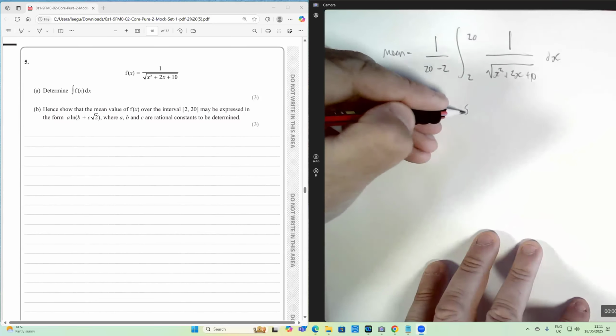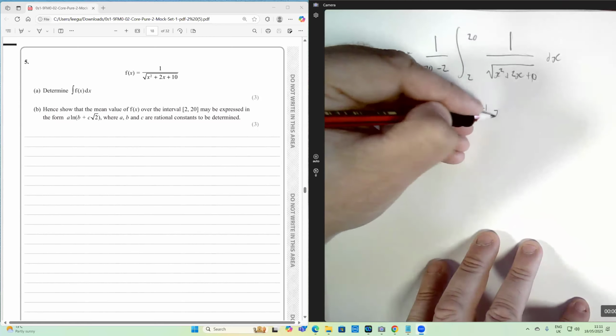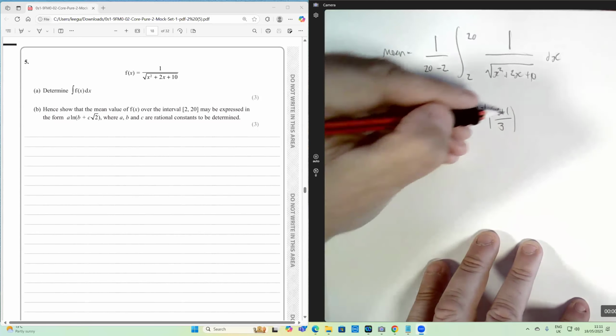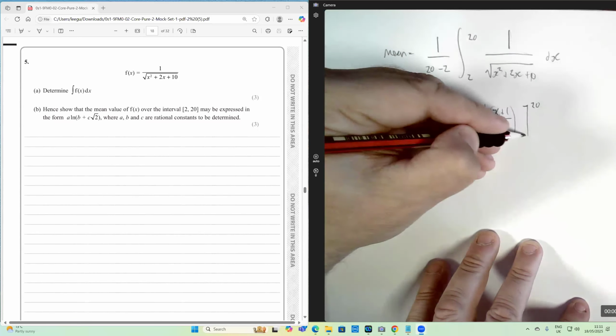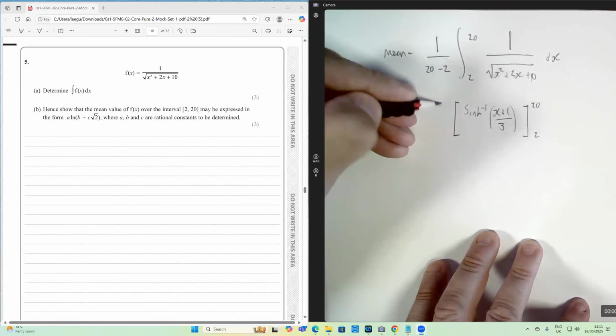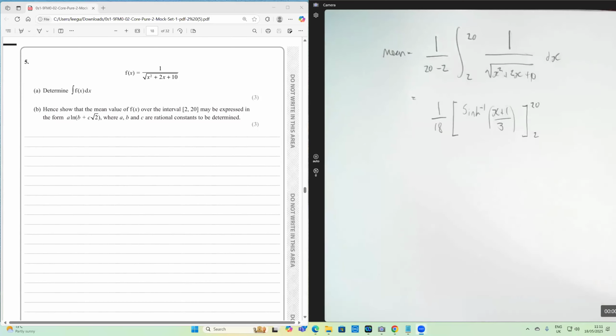So we know that this is inverse sinh of x add 1 over 3 between the limits of 20 and 2. So we've got 1 over 18 times that. Now we're just going to work out what that is.